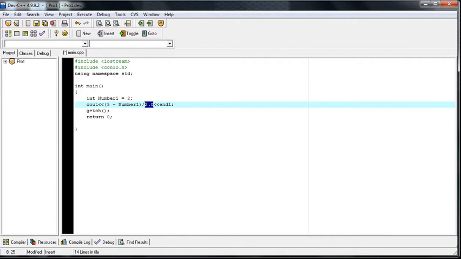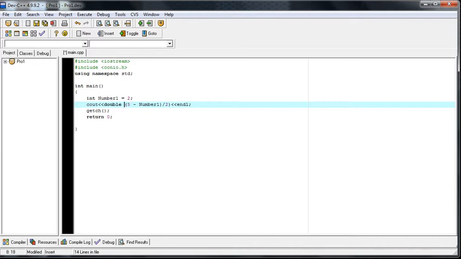Another way is I can put this whole expression in parentheses and write the word double out here. Well, this won't actually work for one reason. What's inside is going to be evaluated first, and it's going to be evaluated as 1, and that's not going to work.